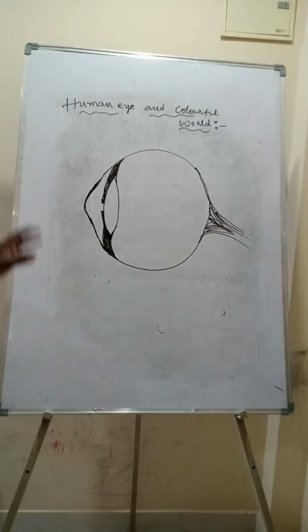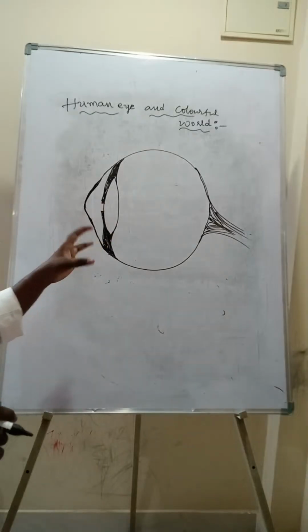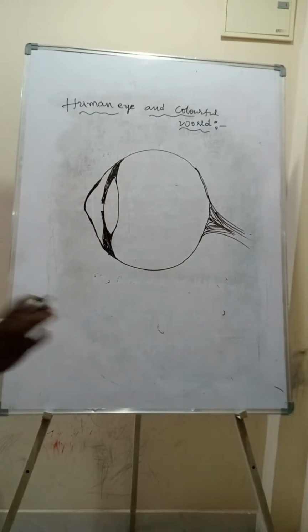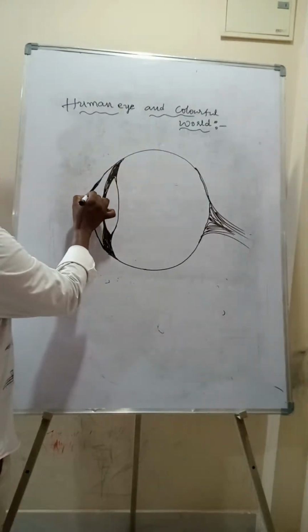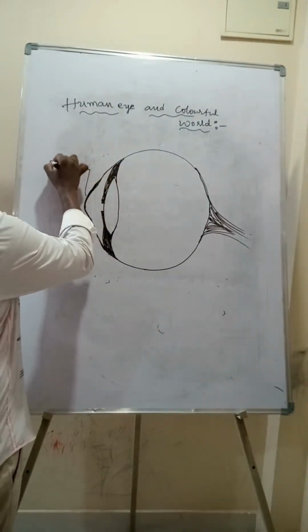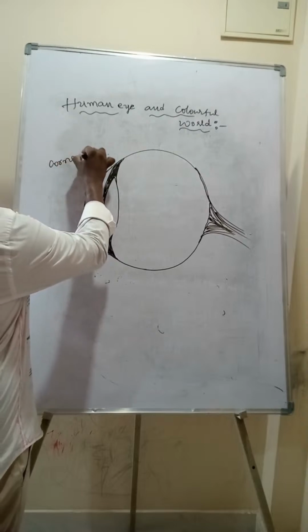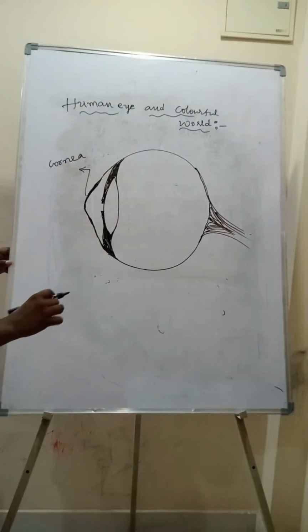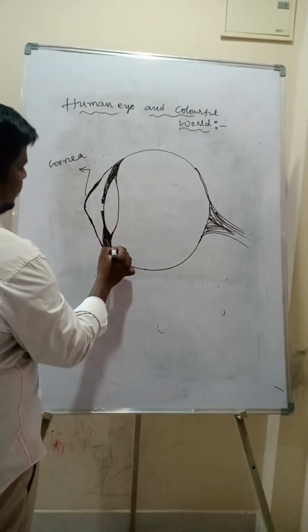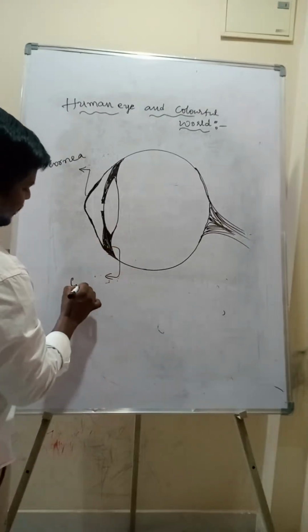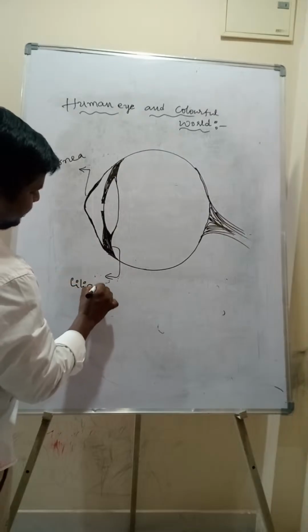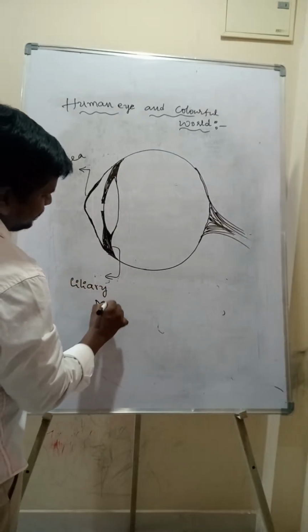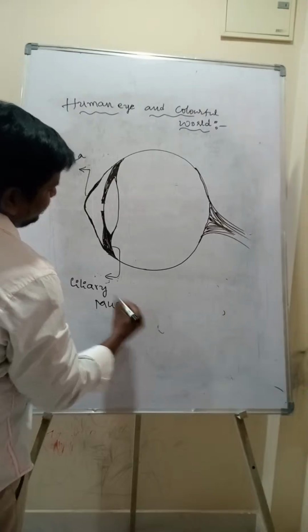Okay, so now we will mention the parts. What are the parts here? You can see this is the cornea, the front portion. And this one is the ciliary muscles.